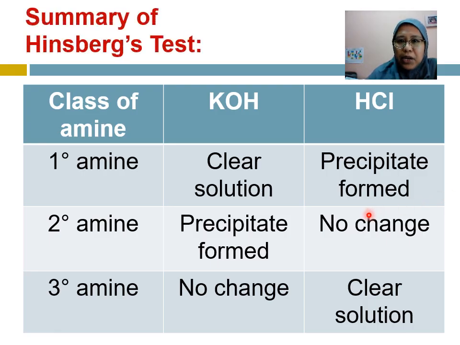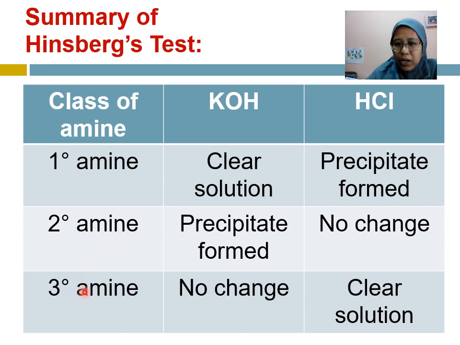This is the summary for Hinsberg's test. As you can see, primary amine, at the beginning, it will form a clear solution because the precipitate actually dissolves in the base that we use. And then as we put in acid, the precipitate forms. And then for secondary amine, precipitate occurs at the beginning and it will not dissolve in any acid.